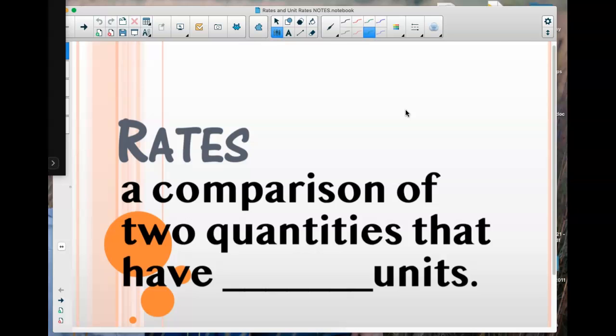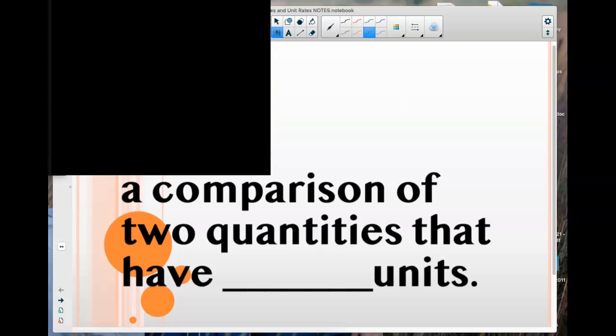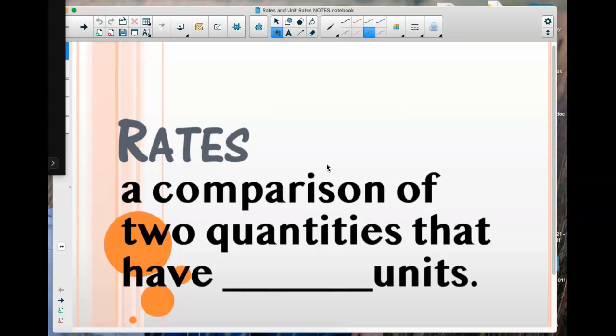Okay, so rates and unit rates hopefully will be pretty quick and simple. There's a few definitions I want you to put in your notes. The first one is a rate. I want you to write this in your notes.